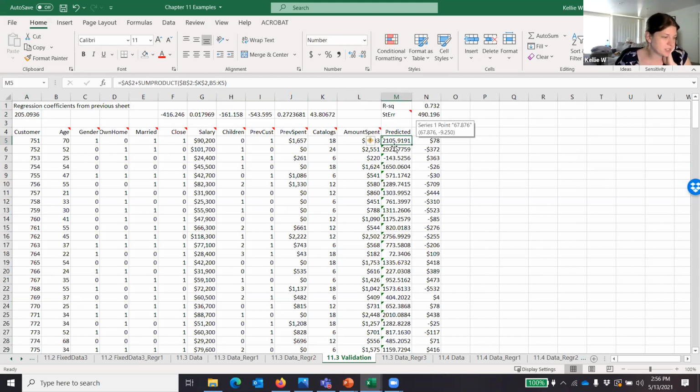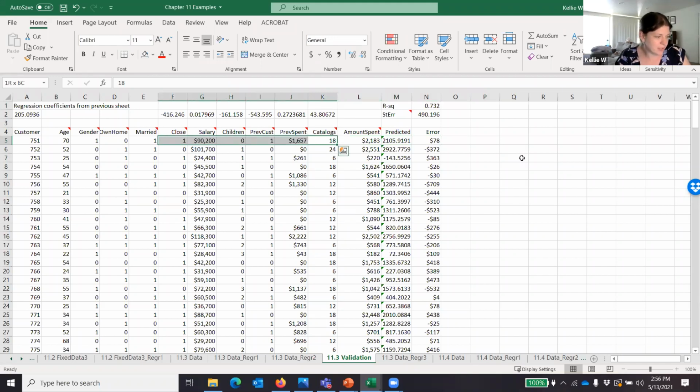They basically took the equation and calculated what the amount spent would have been predicted, and then the error. So the equation predicts for these given variables that the amount spent will be 2,105, but it was actually 2,183. So it came close, within $78.